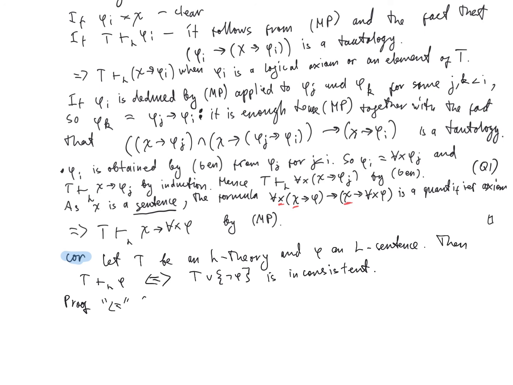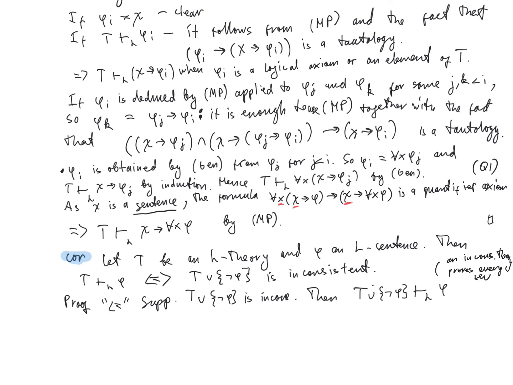So first suppose that T union the negation of φ is inconsistent. Then we have that T union the negation of φ proves φ because any inconsistent theory proves every sentence. So in particular it proves φ.